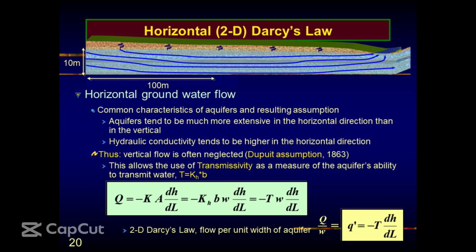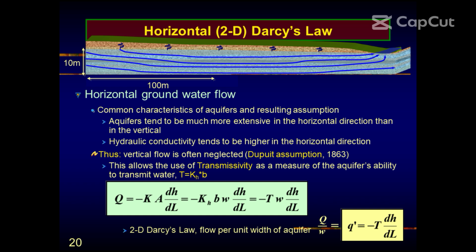If you remember, when discussing the properties of the confined aquifer, we made mention of the fact that the aquifer thickness is usually very small compared to the length, its areal extent. Its length is usually several orders of magnitude greater than the thickness.